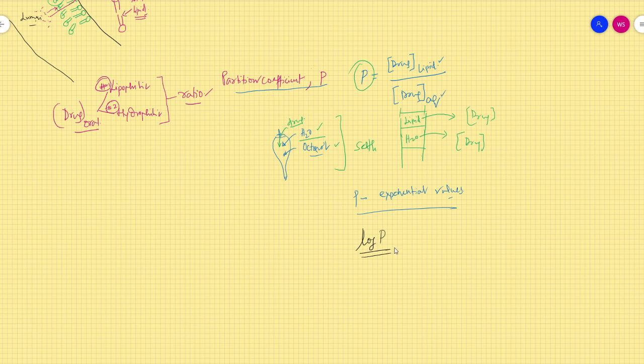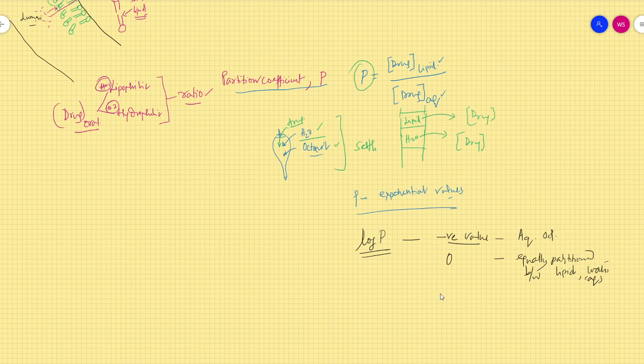Okay. Now this log P, if it has got a negative value, okay, if the value of log P is negative, it means that it is highly water soluble. Okay, if it's 0, it would mean that it is equally partitioned between the lipid layer and the water layer or the aqueous layer.